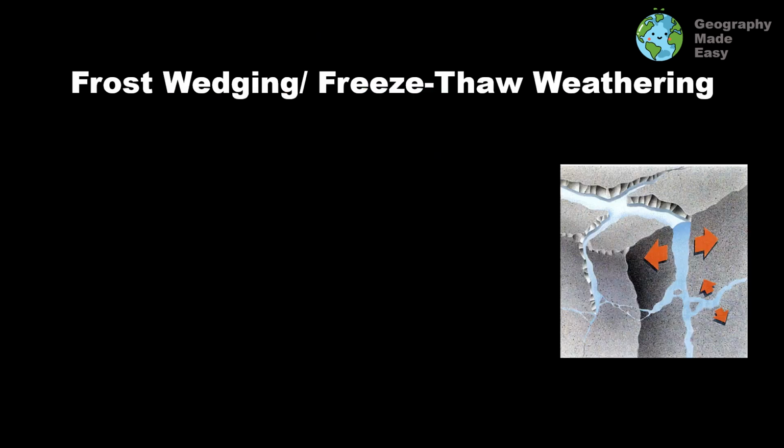Let us start. The first type of weathering, which is commonly seen in very cold areas, is frost wedging, or freeze-thaw weathering. Now, what is the meaning of wedge?